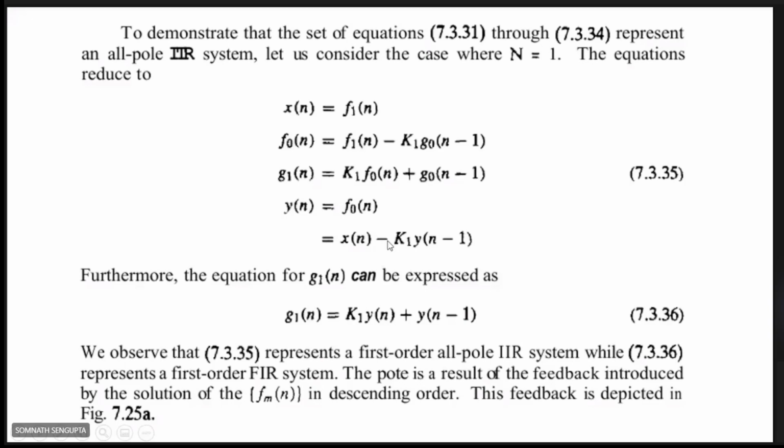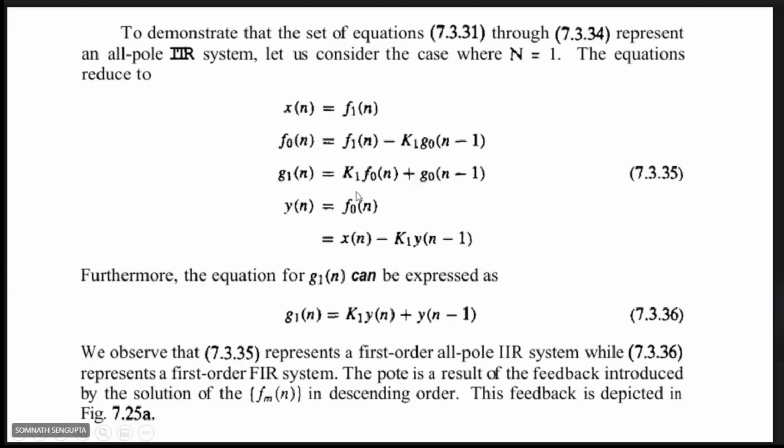So here, as we have discussed, the final stage output should be considered as x of n. That is, if n is equal to 1, then f1n should be x of n.